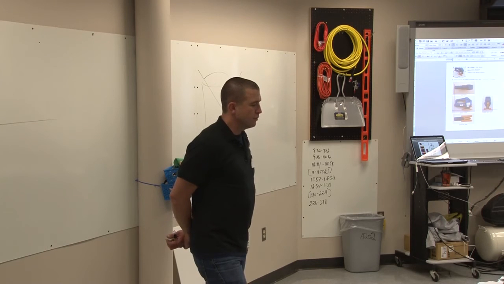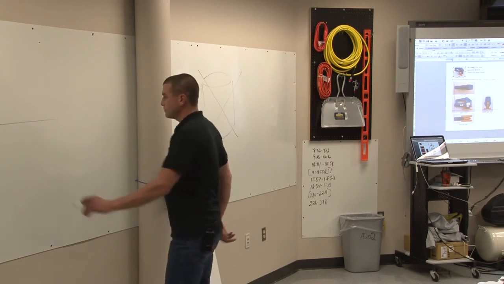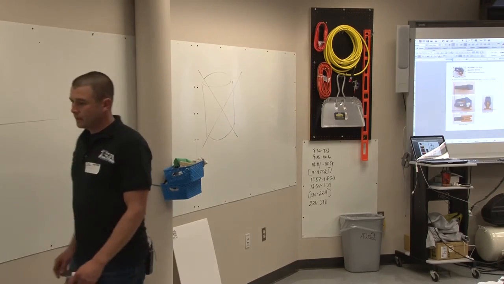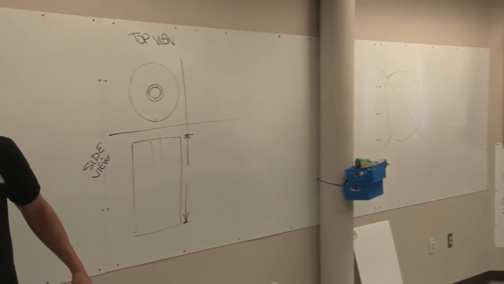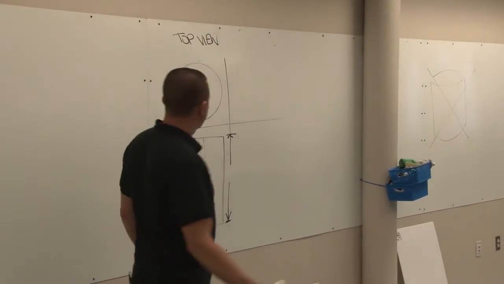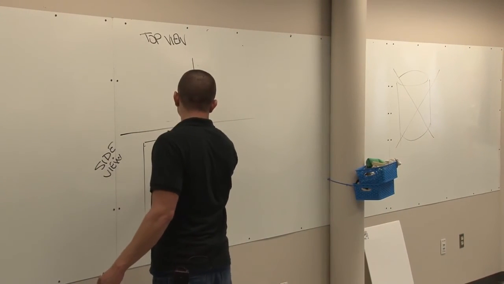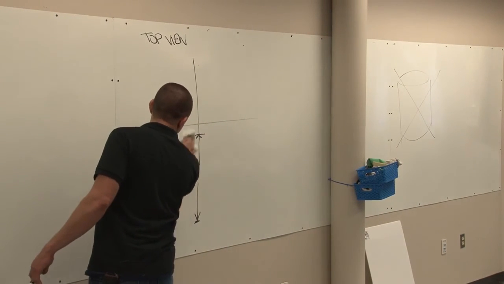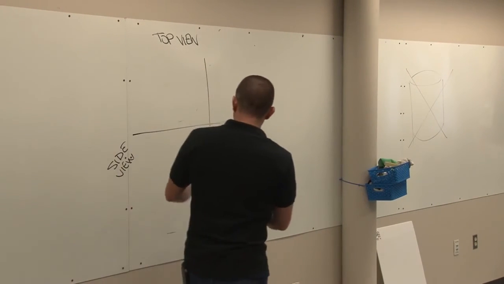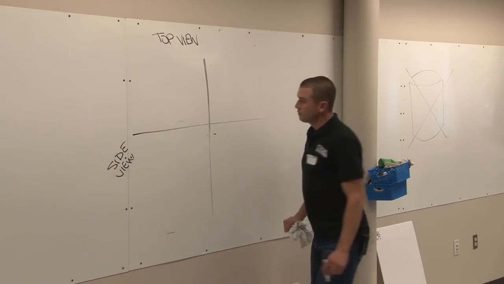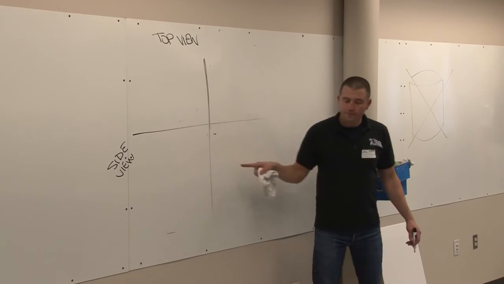I would like you, on somewhere where you have some open space, to draw a cross on your paper, like this one up here. See, I have four squares here. One, two, three, four.